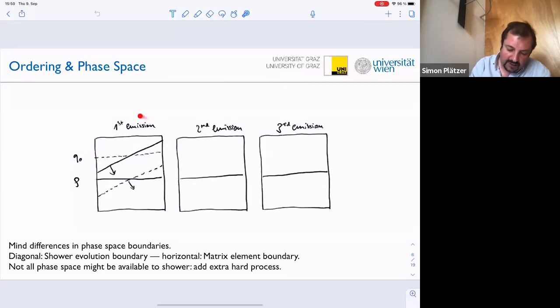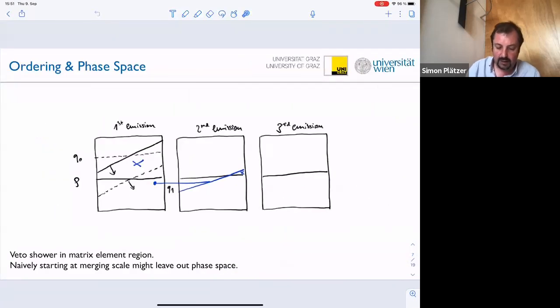And then I have that phase space for the first emission, I have it for the second emission, I have it for the third emission. I don't want to necessarily order them in hardness, to really make the point of what's going on. So let's have a look. So suppose we have a first emission which we might be getting from the matrix element, and then we want to start the parton shower.